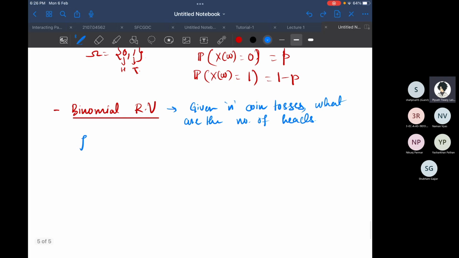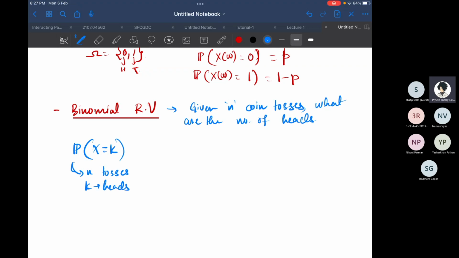So let me write the probability of X of omega; instead of X of omega, I will just write X. X is your random variable. The probability that X is equal to k. So what does this mean? Given you have n tosses, what is the probability that k of them are heads?